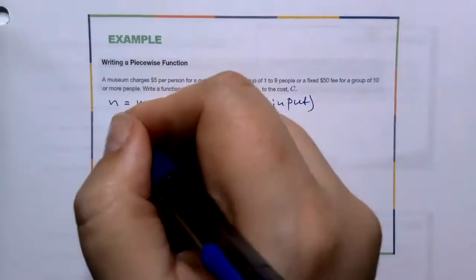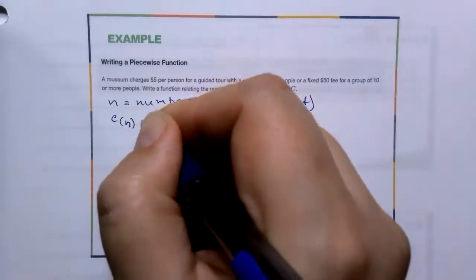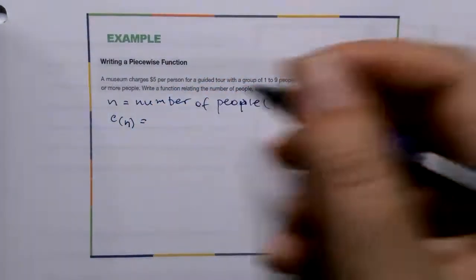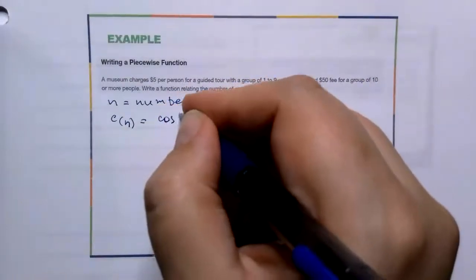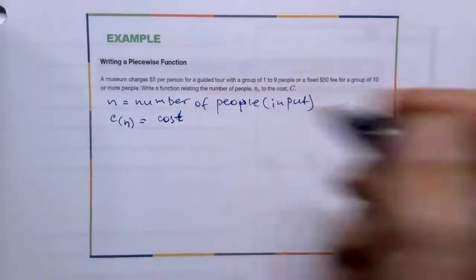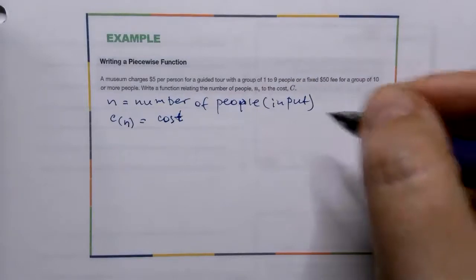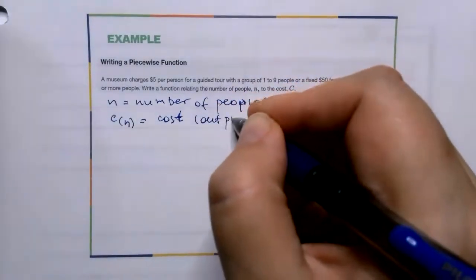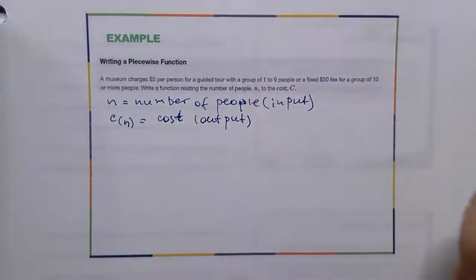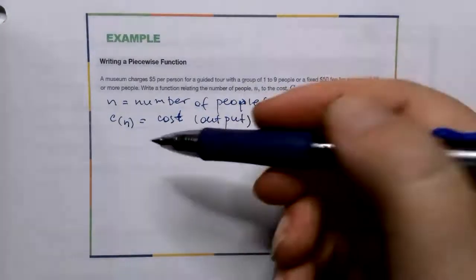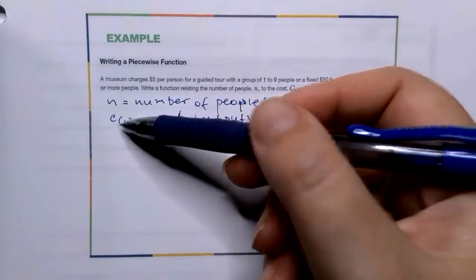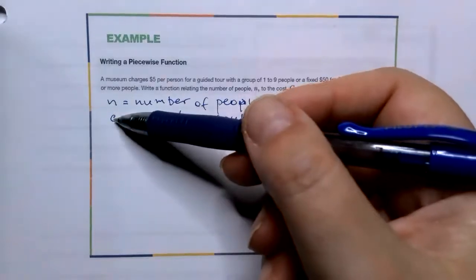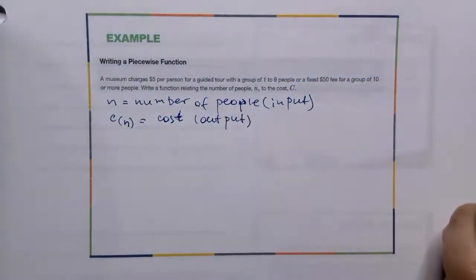And C of N, which depends on N, the number of people, is cost. And this is our output value or Y value. Okay. So we need to find a relationship between the cost, C, and N, the number of people.